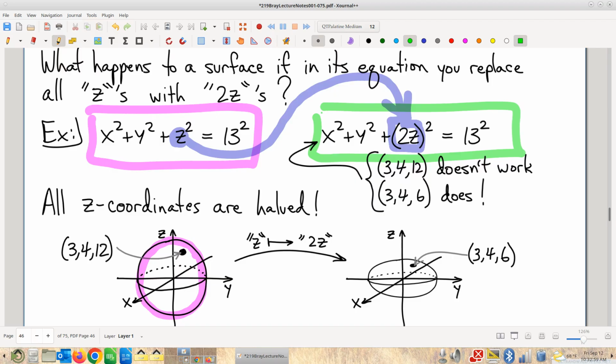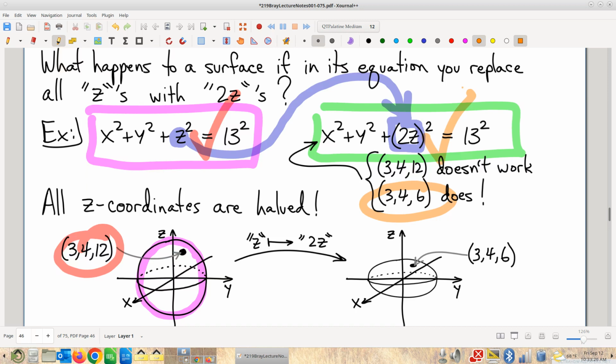Okay, well, so the big idea here is that a point like this that works in that equation obviously won't work in the new equation. But correspondingly, a point like this will then work in the new equation. Does that make sense? How are we doing? I mean, it's an innocent observation, right?